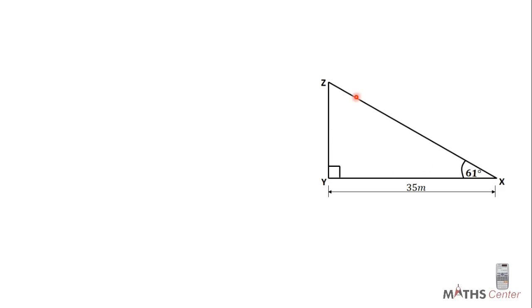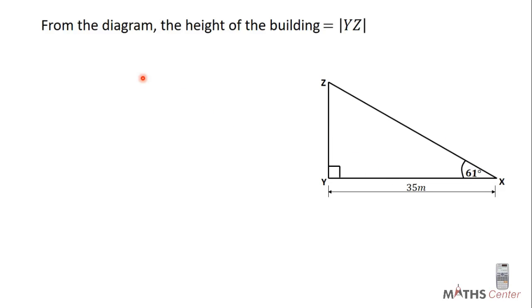Okay, so we have our right angle triangle here. From the diagram, the height of the building is the distance YZ, or the magnitude of YZ. Looking at this diagram very carefully, we can see that YZ is opposite to 61 degrees and YX, or XY, is adjacent to 61 degrees. So we have opposite and we have adjacent, so we can use tan.